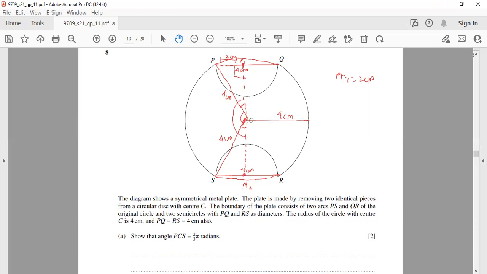So since we know PCM1, we already know the second angle here. Therefore, using the property that the angle here is 180 degrees, that is pi radian, we can find PCS.